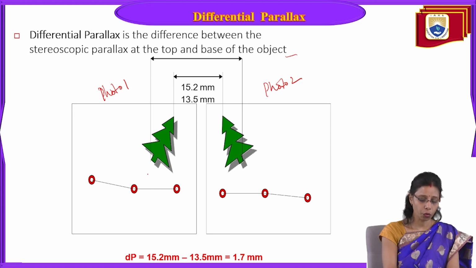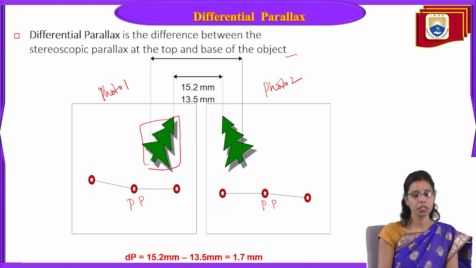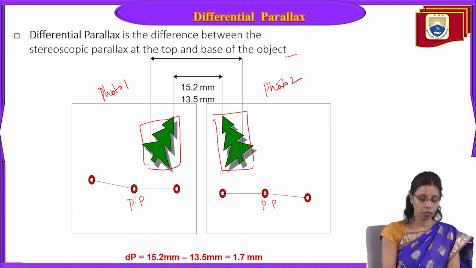For example, in photo number 1, suppose this is the principal point, and this is the principal point for photo number 2, and here we have the object whose height we are going to measure. For instance, we are going to measure the height of this tree. So we have this object in this photo. The displacement we can see in this photo is that this side will be visible and this side will be visible, whereas in photo 2, this side is visible and this side is visible.